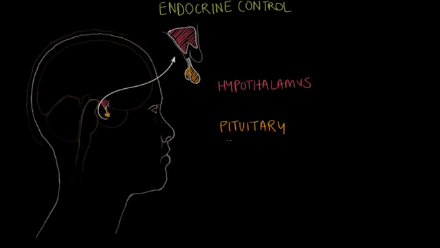And there are two different parts to the pituitary gland. You have the anterior pituitary gland, and then you have the posterior pituitary gland. And the hypothalamus interacts with the anterior and posterior part in two different ways. And so it interacts with the anterior pituitary gland primarily through the hypophyseal portal system, which I've kind of drawn in here.